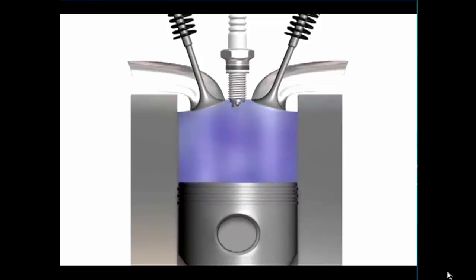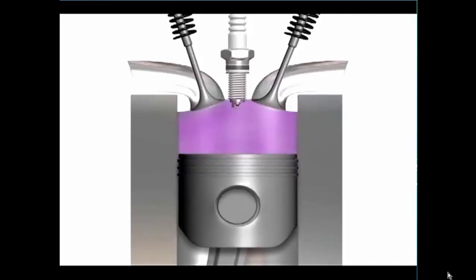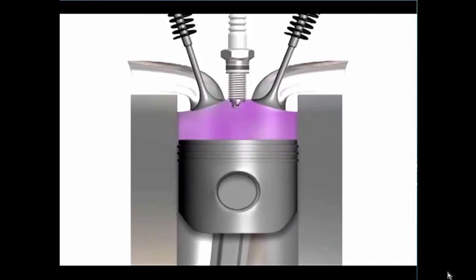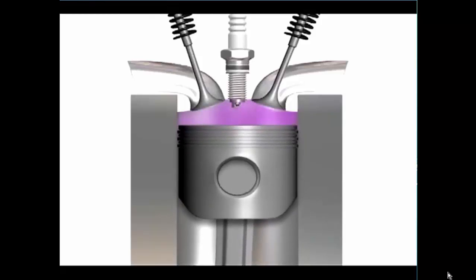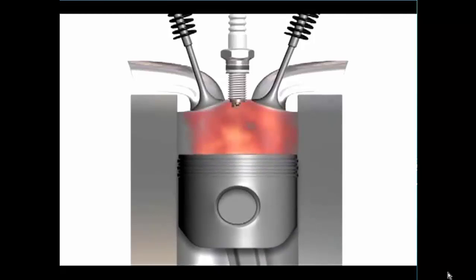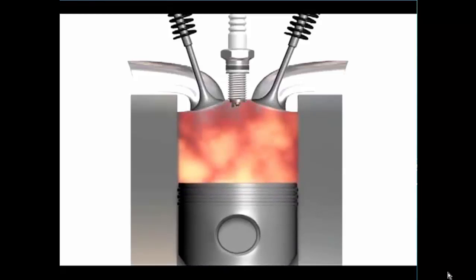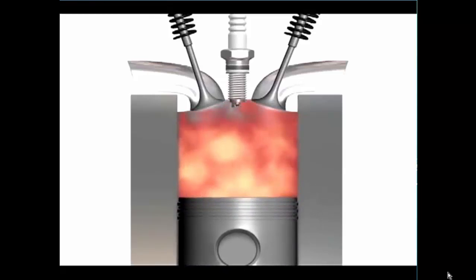The compression of the air-fuel mixture will make it combust with greater force than if it were uncompressed. This is called the compression stroke. Third, the spark plug ignites the air-fuel mixture, causing it to burn explosively, which forces the piston into another downward stroke. This is called the power stroke.